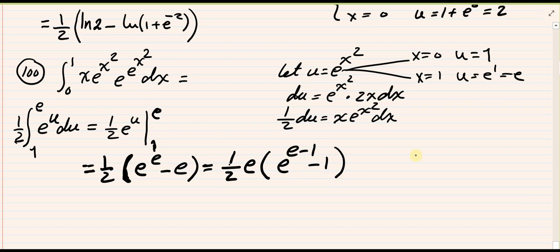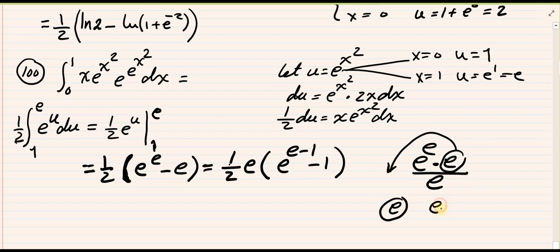When we factor e from e to e, this is how we factor e from it. I'm going to multiply by e divided by e, so that way I can factor out the e on the outside. When we do factor e on the outside, then e to e over e becomes e to e minus 1, moving this e to the denominator, I'm sorry, to the numerator, not the exponent. So that's how I did that. And there you go. That's the answer to exercise number 100.